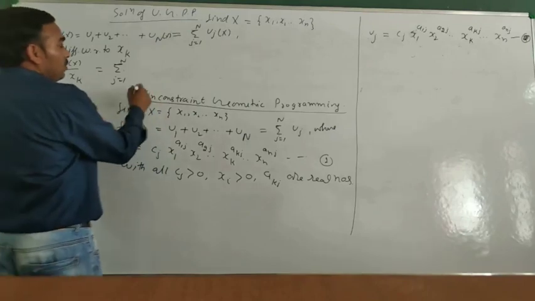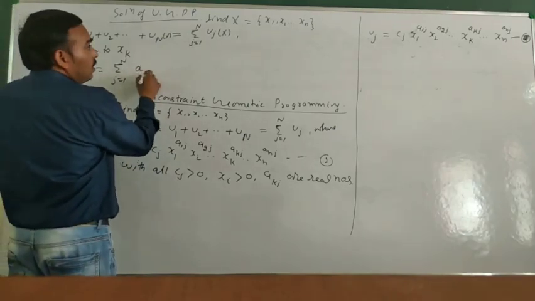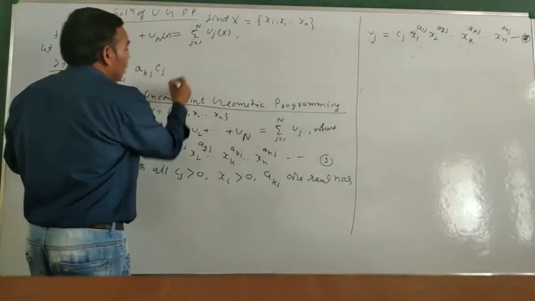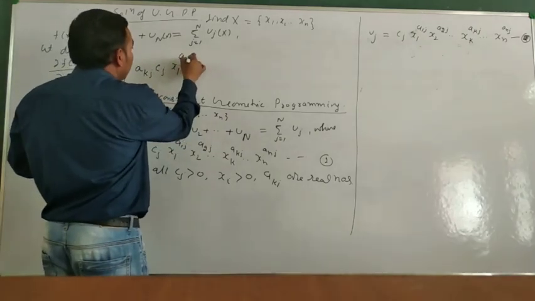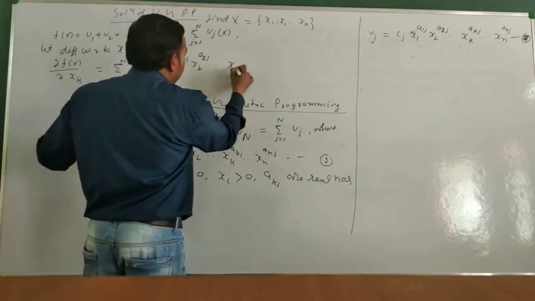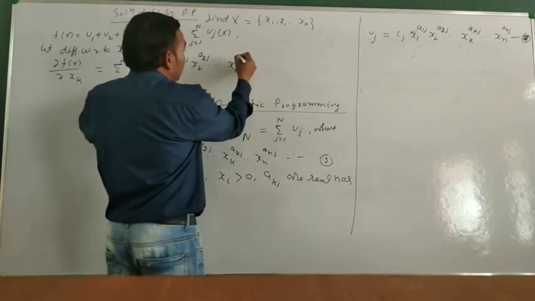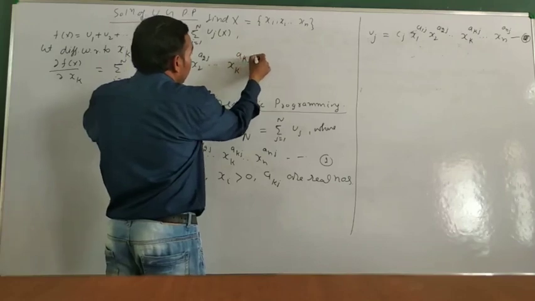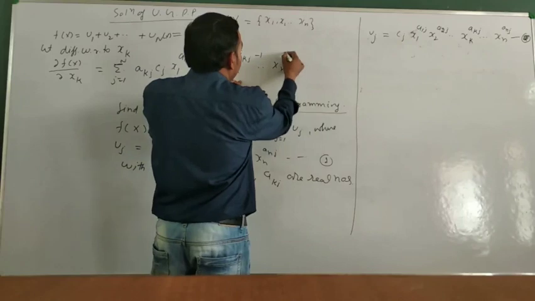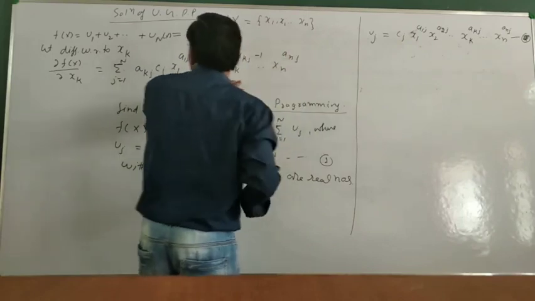So we get akj cj x1^a1j x2^a2j up to xk^(akj minus 1) up to xn^anj.